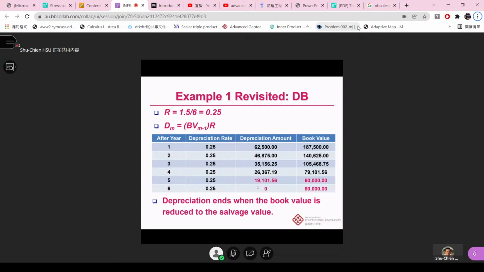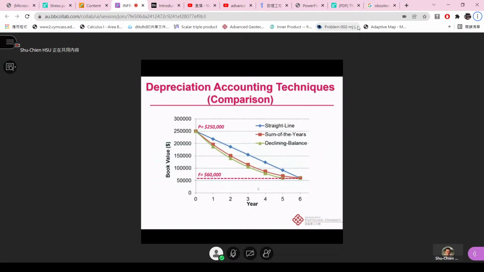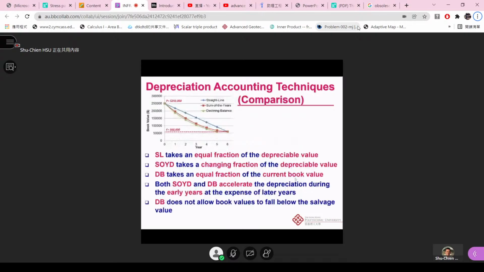So we can see, if we compare the three different methods, the straight line is, of course, just straight. But the sum of the years and declining balance depreciate much faster than the straight line method.